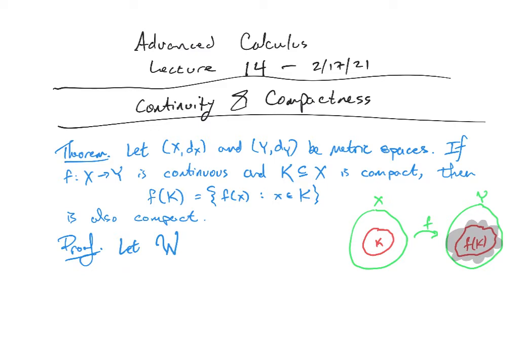So let script W be an open cover of F of K. Now, every point of K has its image sitting over there in F of K. So now if we look at the preimages of the sets in W, we're going to get an open cover of K.